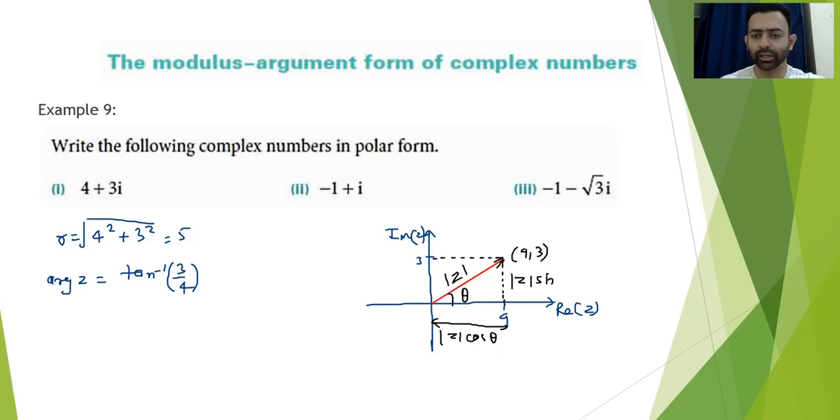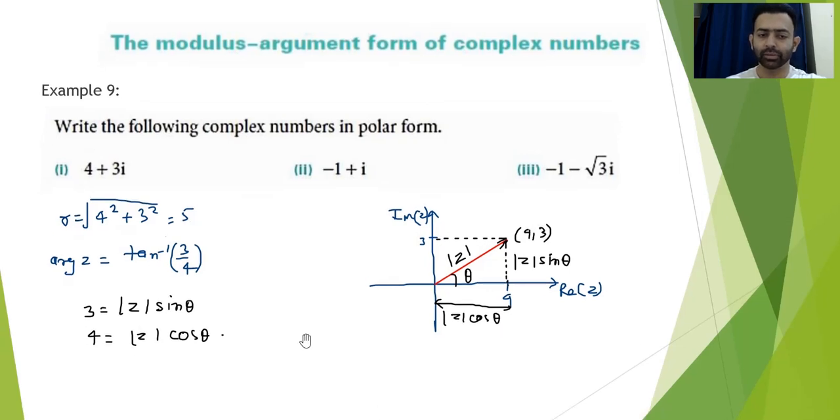If you apply the trigonometric ratios sin theta and cos theta in this triangle, you will see that sin theta will be 3 by mod z, and cos theta will be 4 by mod z, right? So this 3 is basically mod z sin theta, and this 4 is mod z cos theta, right?